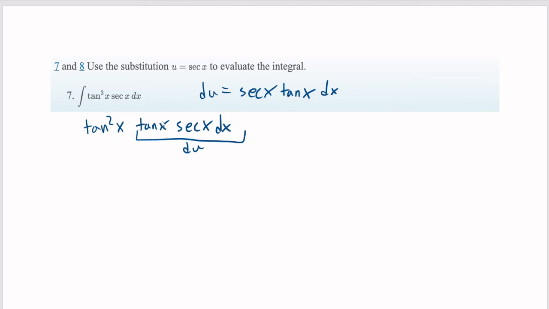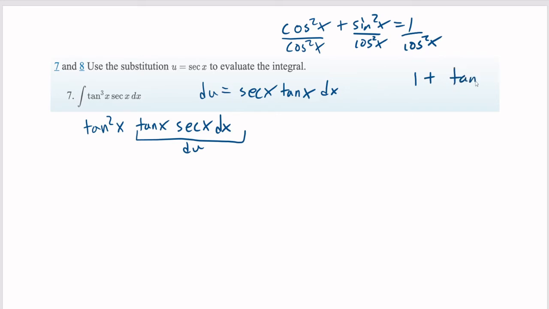But what do we know? We know that cos squared plus sine squared equals 1. And how do I get tangent? Well, that's sine over cos. So why don't we just divide everything by cosine? Let's see what happens. Okay. All right. So we get 1 plus tan squared equals secant squared.